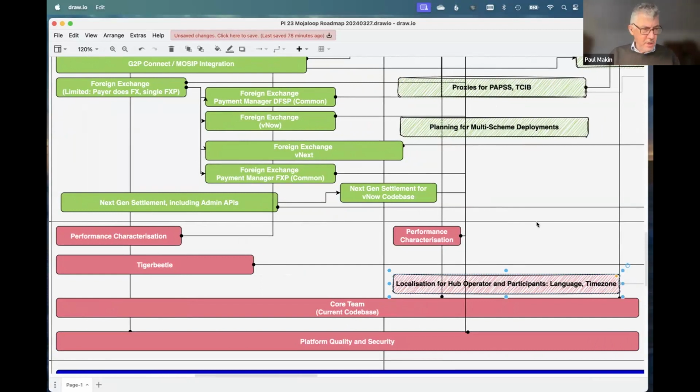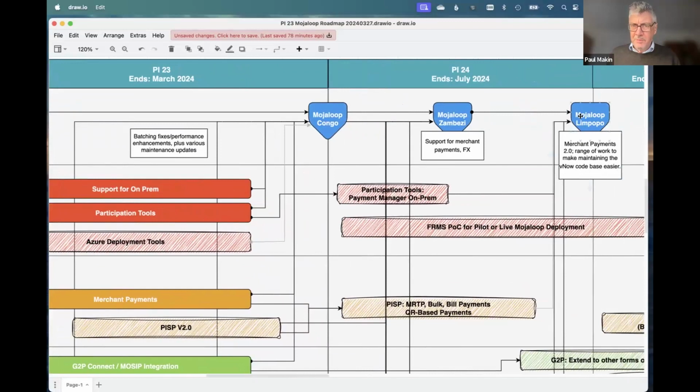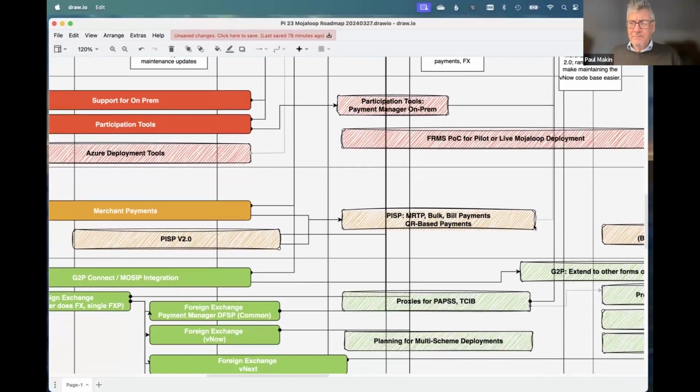We had a session about a fortnight ago to define this work stream, and we think that this is quite a high priority one. We don't think it's as big a job as we first thought, so we do expect this to be completed in PI 24, and it may take as long as the whole PI 24, but I think it will be ready for Moduloop Limpopo at the end of July.